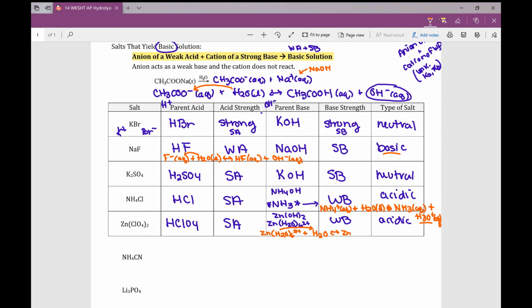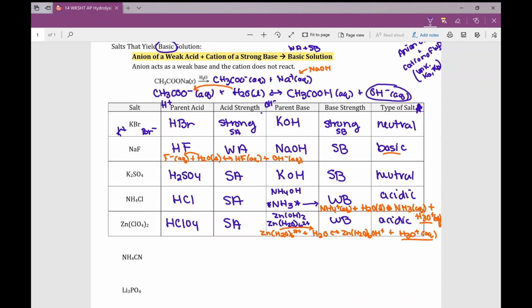So the water molecules around zinc lose a hydrogen ion, and then we have the formation of the hydronium, which supports the fact that we would expect an acidic solution.